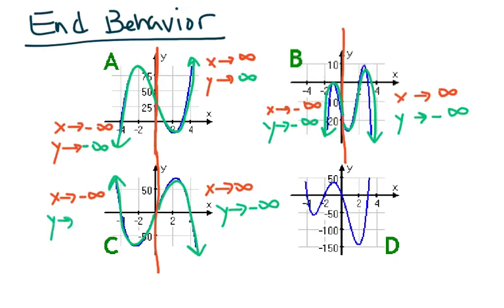And that's positive infinity. In the last graph, D, this side is x approaches infinity. This side is x approaches negative infinity. Both sides of the graph are going up. So y must be going to positive infinity on both sides.